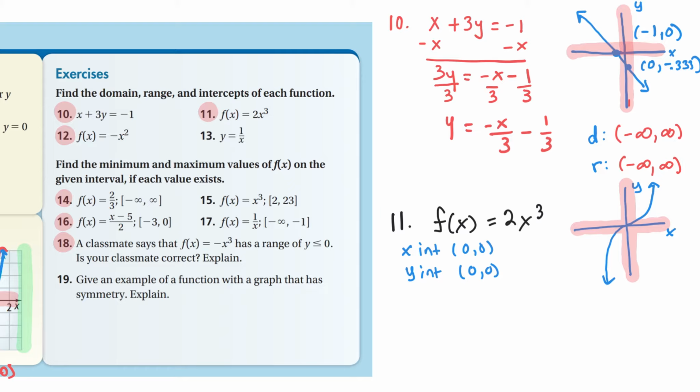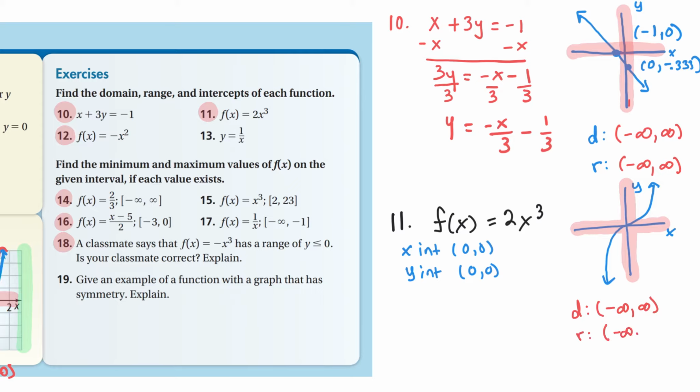And you notice that the domain is actually from negative infinity to positive infinity. As we go from left to right, it's actually all the x values. The range is also all the y values.